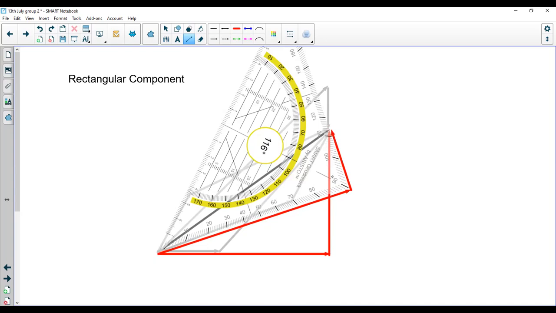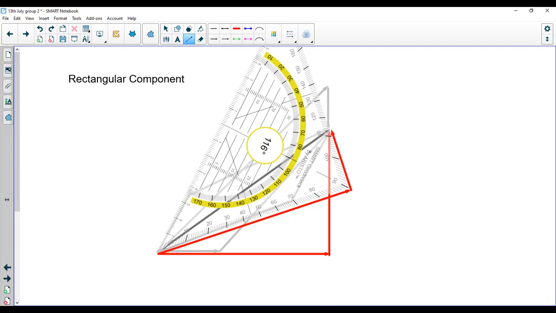So these two red are also making an angle of 90 degrees. Can you see that? Because I have used a set square, which is used to draw an angle of 90 degrees. Yes.